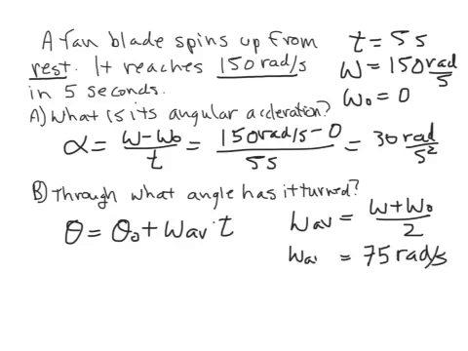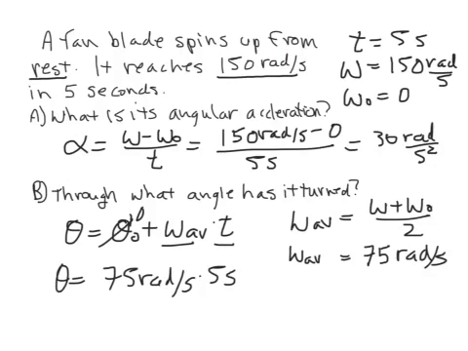That's my omega average. And so now I can come back over here and I can say, well, theta is equal to theta naught, which is just 0. It's wherever we started from. And so plus omega average times time, this is just 75 radians per second times the time, which was 5 seconds, which gives about theta equals 375 radians, because the seconds cancel, right?